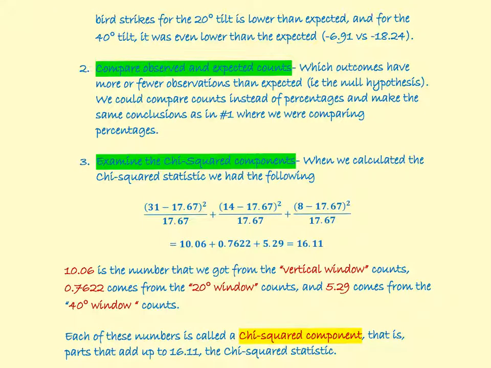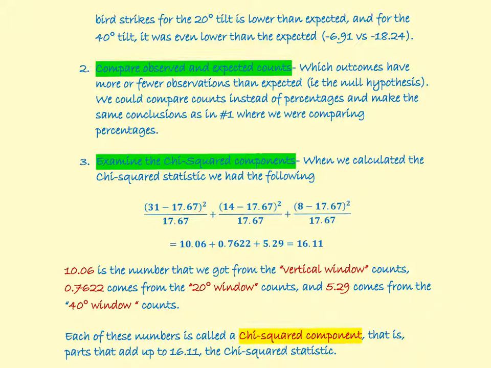Now, another way of analyzing the data to understand the kind of difference that tilt makes is by simply comparing the observed counts and the expected counts. See where the deviation is the largest, and based on that, can we make some sort of conclusions.